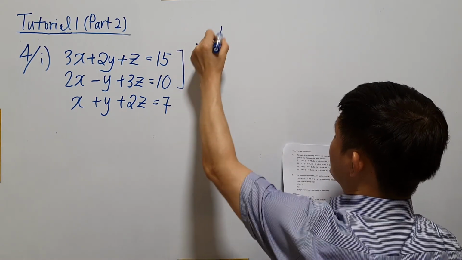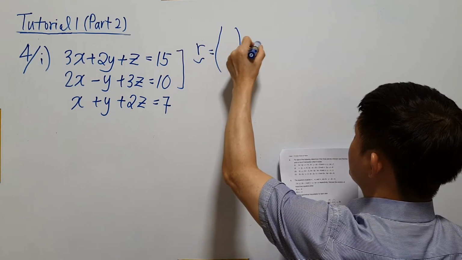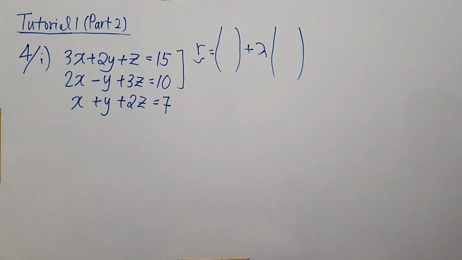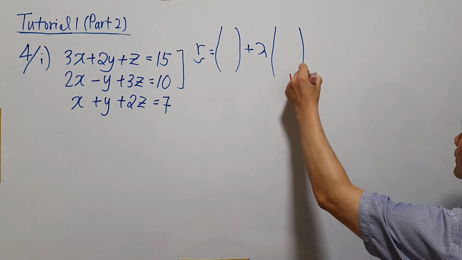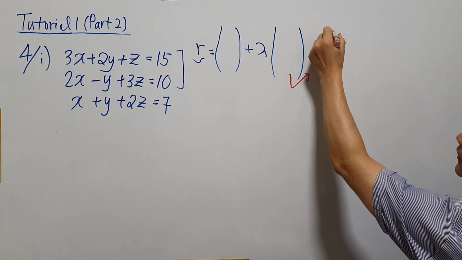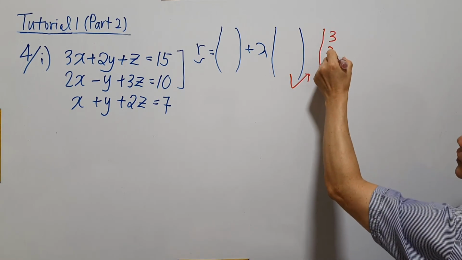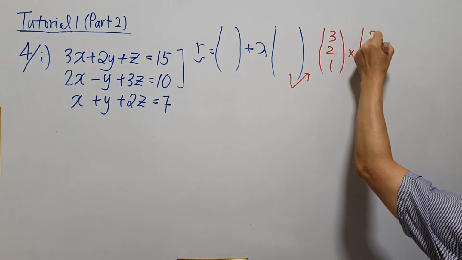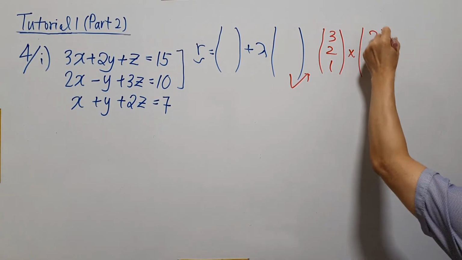R equals to, plus this, remember? So we can obtain this second vector, which is the vector parallel to the line, by taking the cross product of the two vectors 3, 2, 1 cross with 2, minus 1, 3.